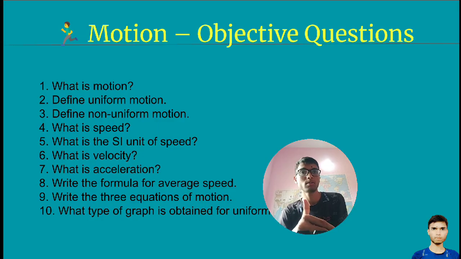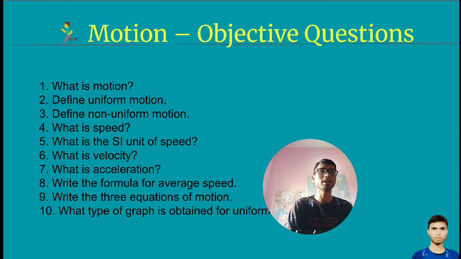After covering 1 kilometer distance, again the distance is the same, 1 kilometer, again 1 kilometer, and the time is the same as well. Let's say 1 kilometer is covered within 20 minutes, then again the distance is the same, 1 kilometer, and it is covered within 20 minutes. This is happening again and again, and this type of motion is uniform motion, because the distance is equal and the time is equal.